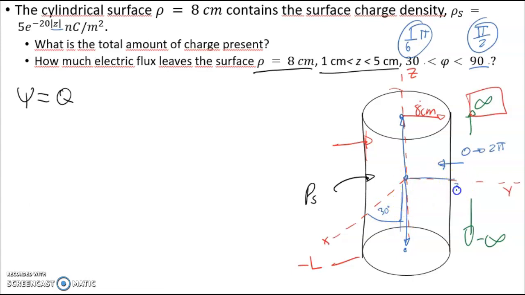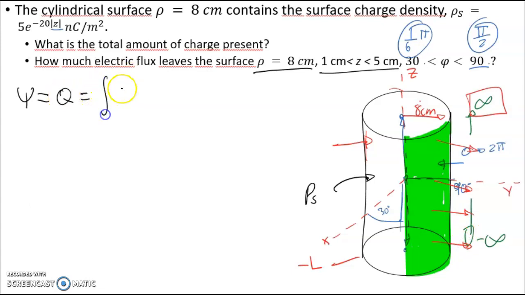It's going to be pretty much in here. That means the surface part we're analyzing is going to be this one right here. We want to know the amount of flux that's leaving this surface. We go by the integration.